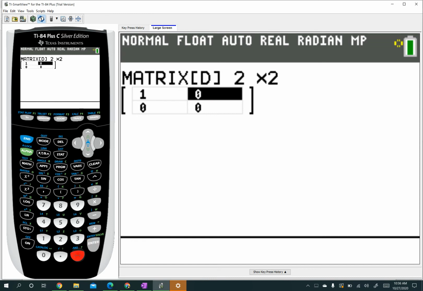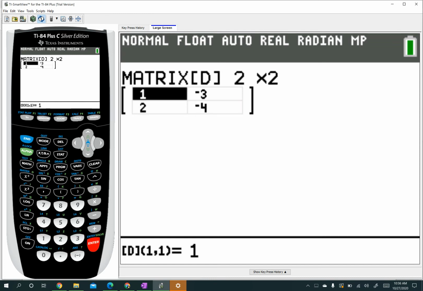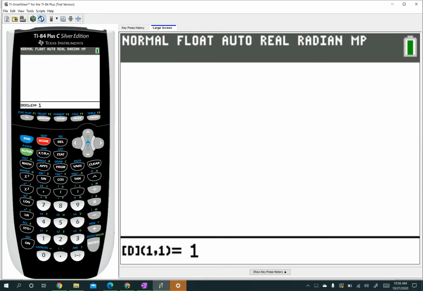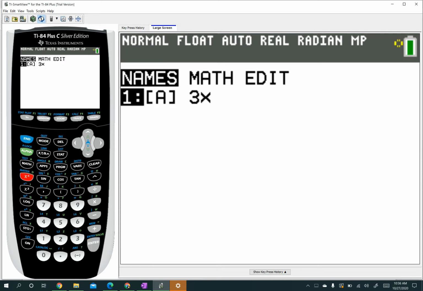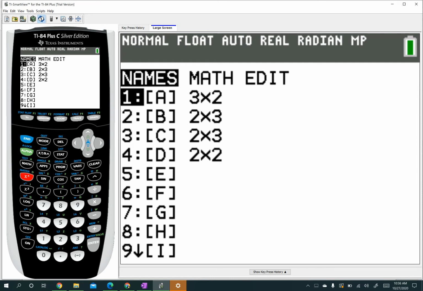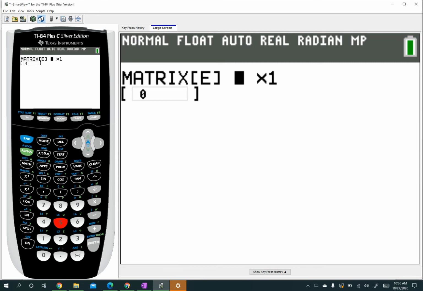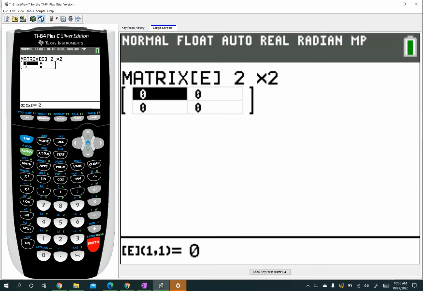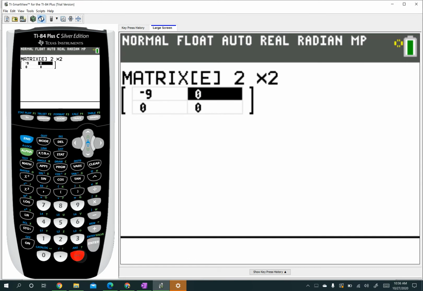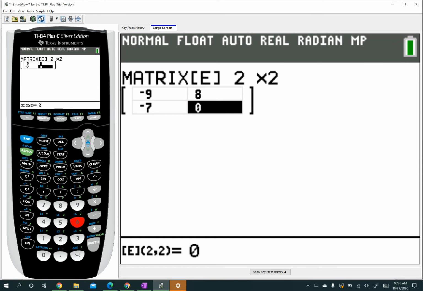So 1, negative 3. Second, matrix E, 2 by 2. Okay.